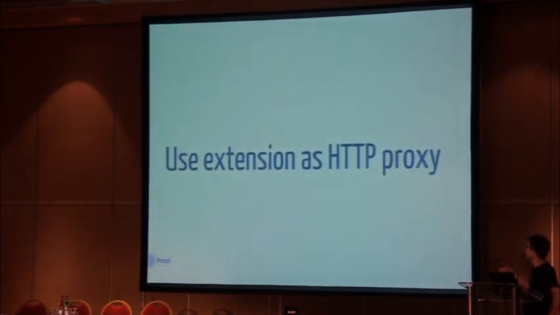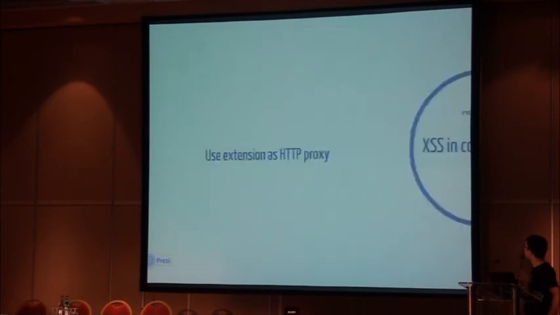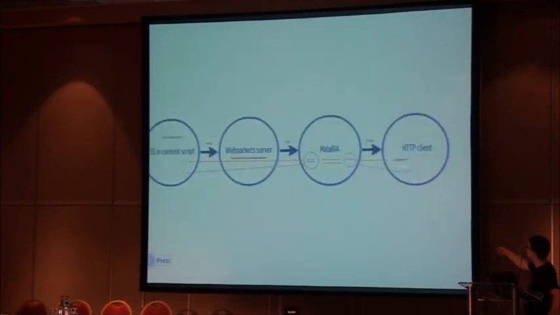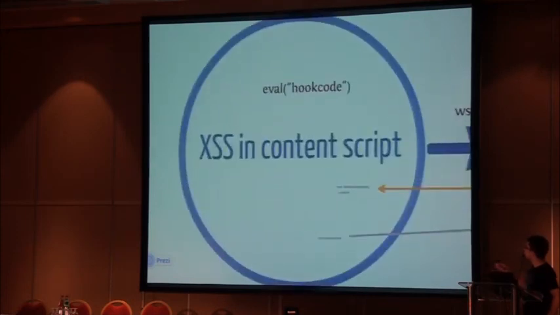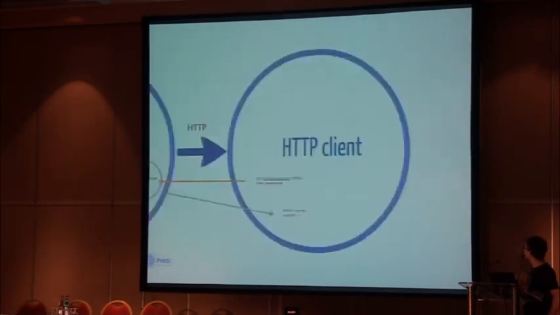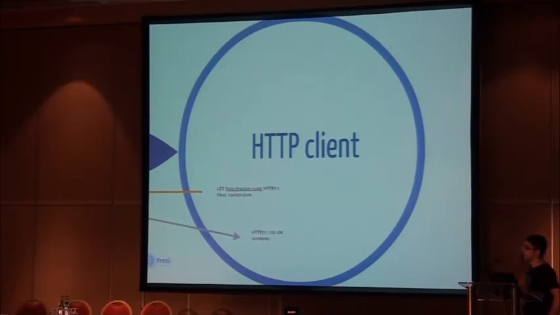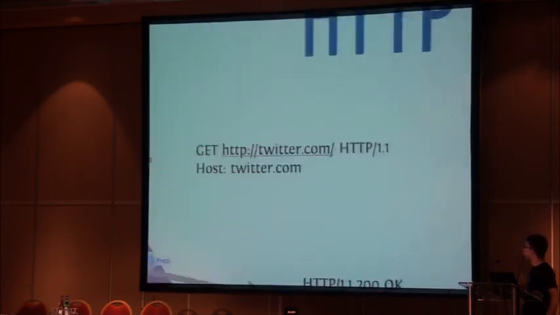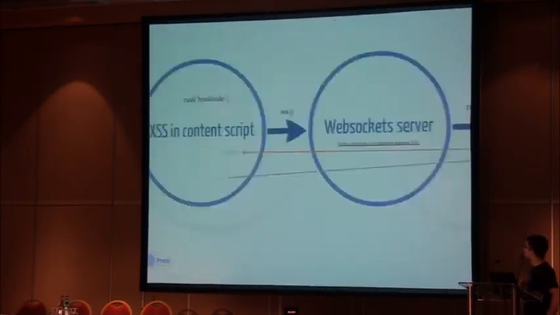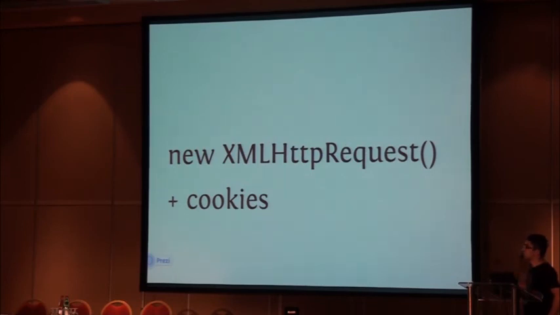If I could describe the project shortly, you can use XSS in an extension to make it an HTTP proxy. There's a whole chain of things, but basically, you have an XSS in a content script, which you abuse to evaluate a certain payload, and then on your attacker's machine, you have an HTTP client, let's say Burp or just your browser, and you issue HTTP requests, and those requests travel to the extension, and they make the AJAX request.